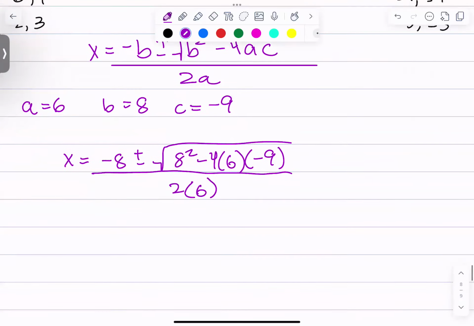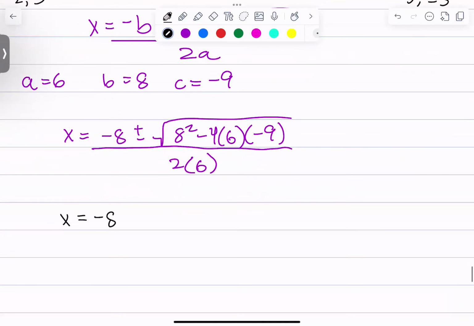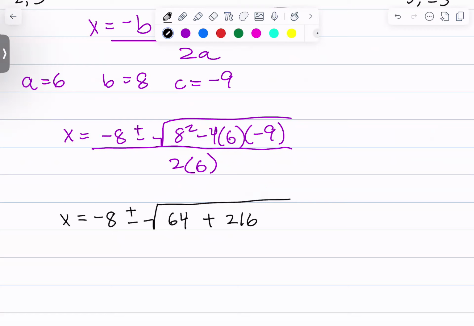So then that one would be x equals negative 8 plus or minus the square root of 64 plus, because I have two negatives, 4 times 6 times 9, that's 216, all over 12.